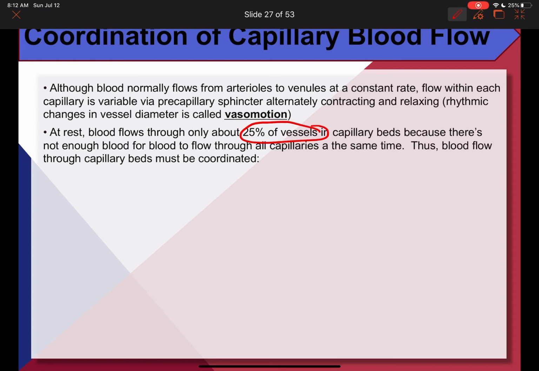So this is a reason why capillaries have precapillary sphincters, which I talked about earlier, which will contract and relax to allow different tissues to receive blood at alternating times. And this rhythmic change in blood vessel diameter is called vasomotion.